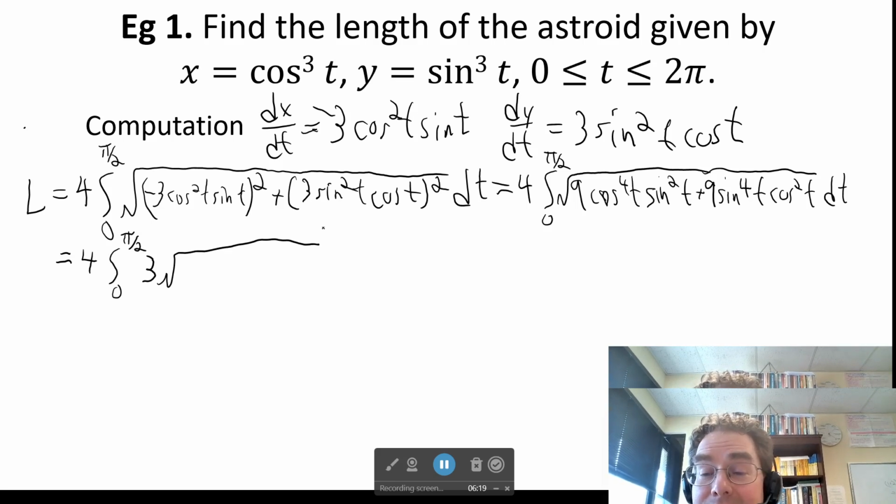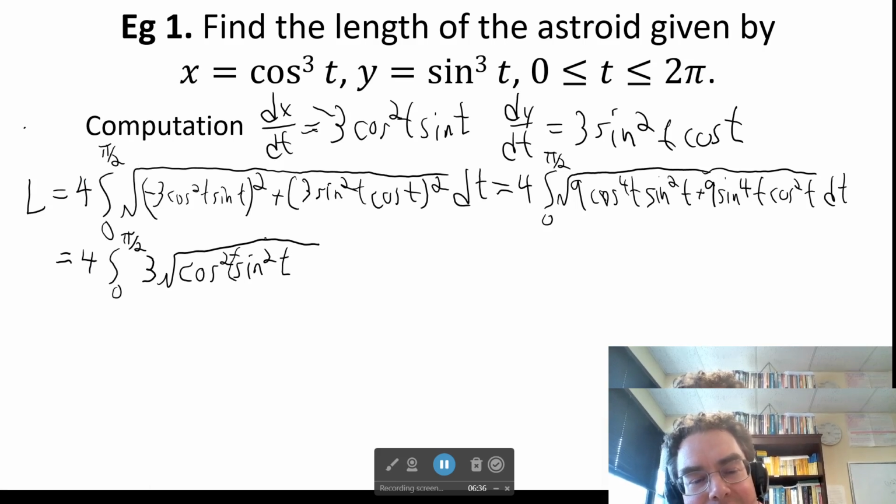Okay, and within that, if you notice, there are common factors of cosine squared and sine squared in the terms there. So let's do cosine squared, sine squared. Whoops, got to have a t in there as well.